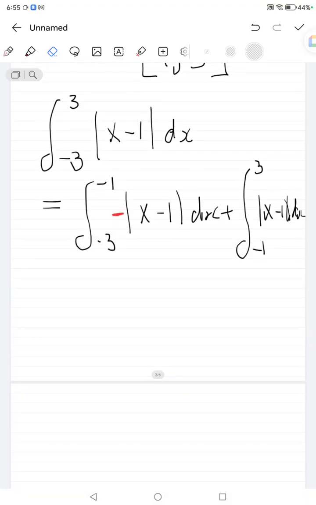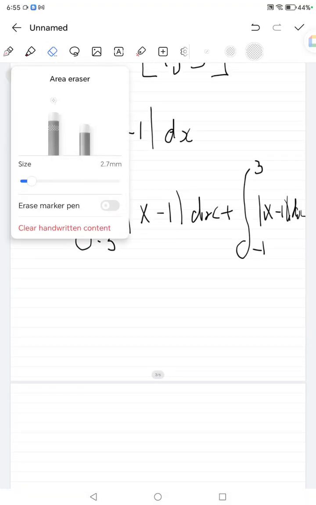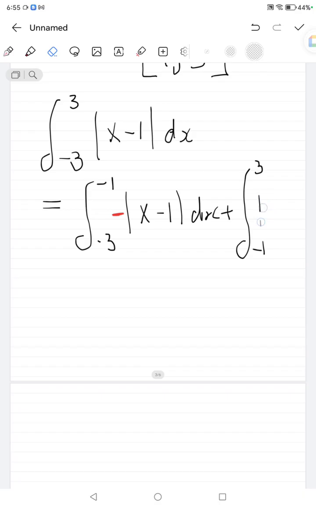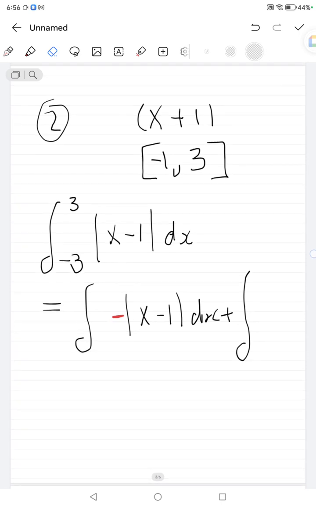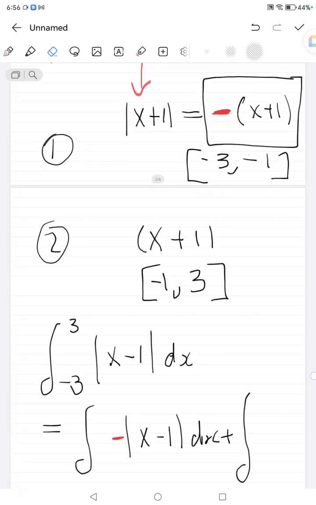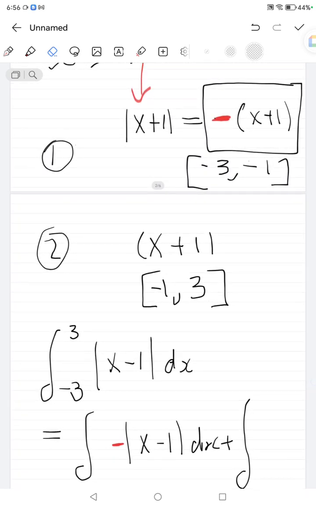Which means I've made mistakes this side. Minus 3 to 1. Then the other one.